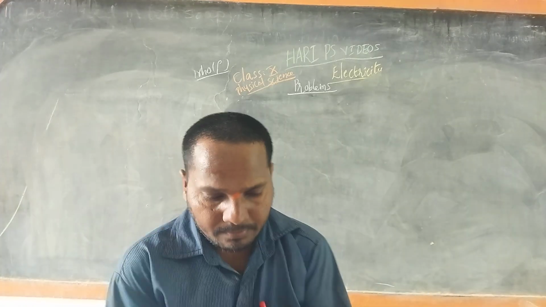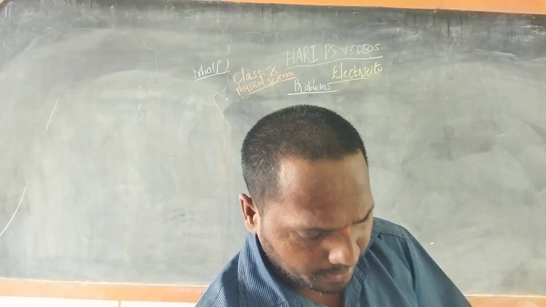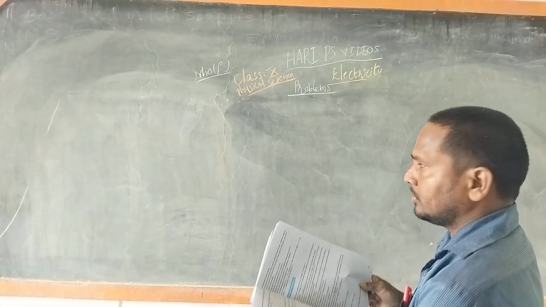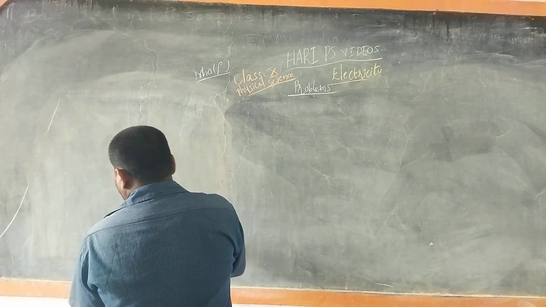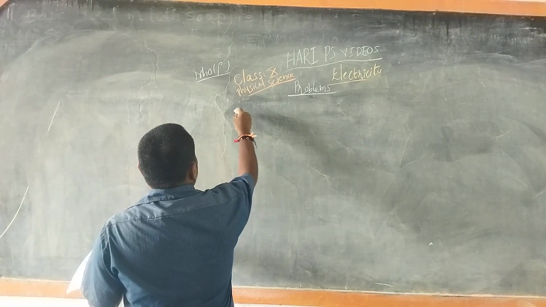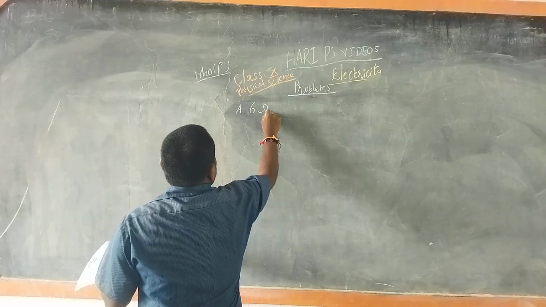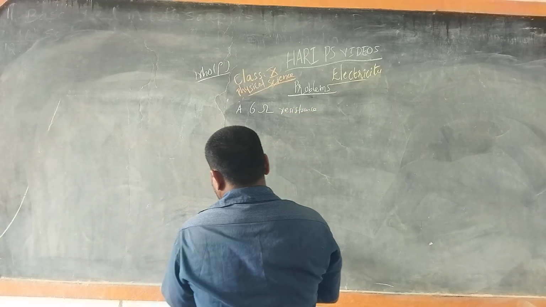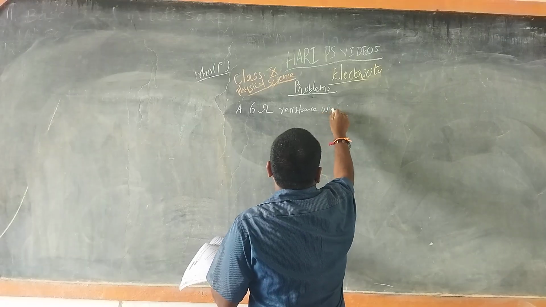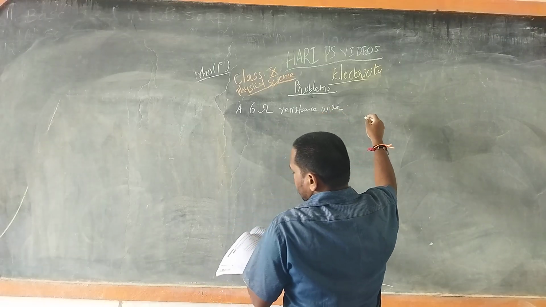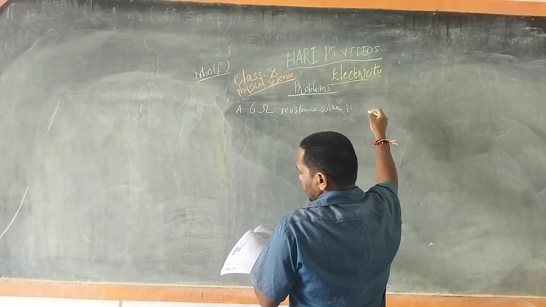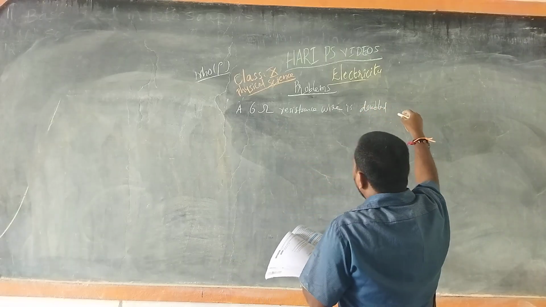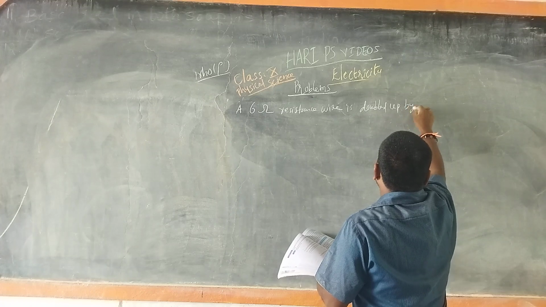Then the next problem: a 6 ohm resistance wire is doubled up by folding.